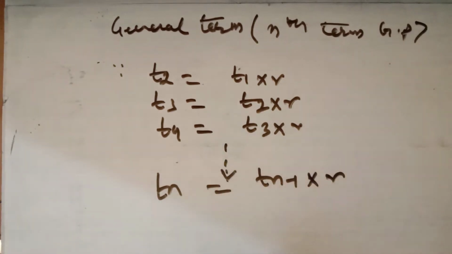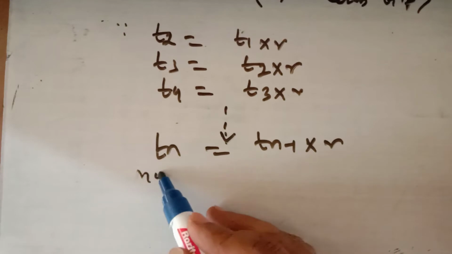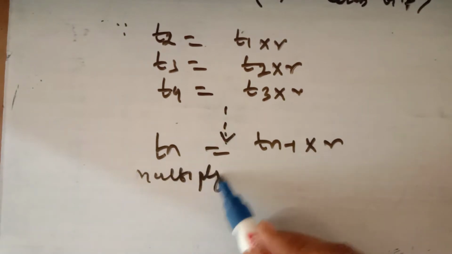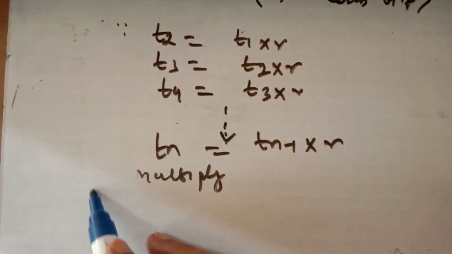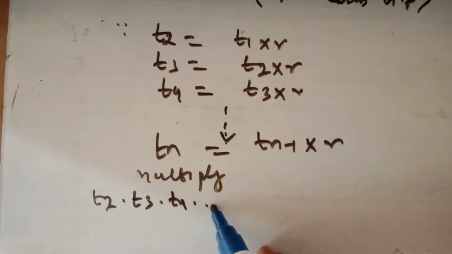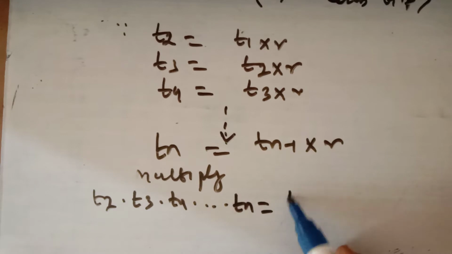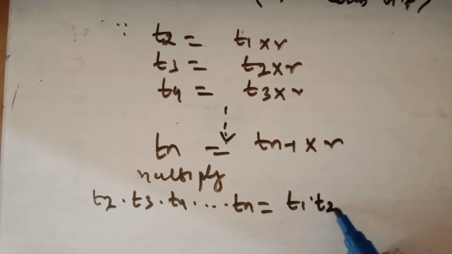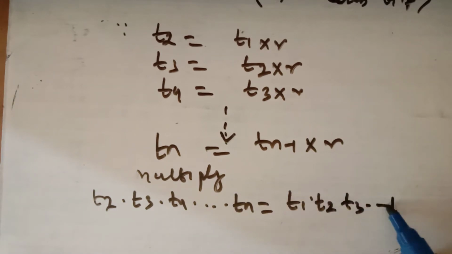Now multiply all these terms. So it will be T2 into T3 into T4 into T5 up to Tn is equal to T1 into T2 into T3 up to Tn minus 1 into r.